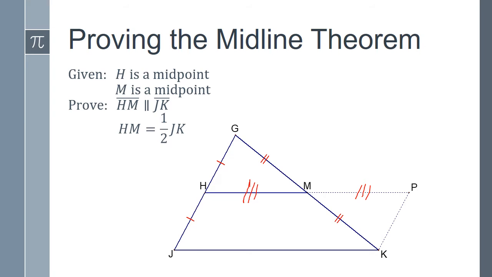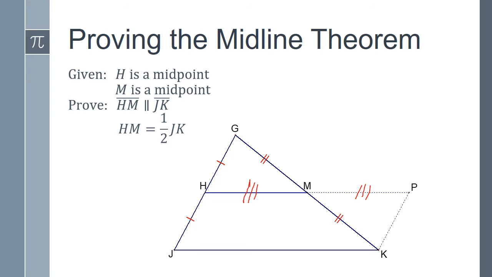Now, because you have P, that establishes PK, right? PK would now exist because 2 points determine a segment. So first thing we did was extend HM through M to P such that HM is congruent to MP, and then because of P, now PK exists.